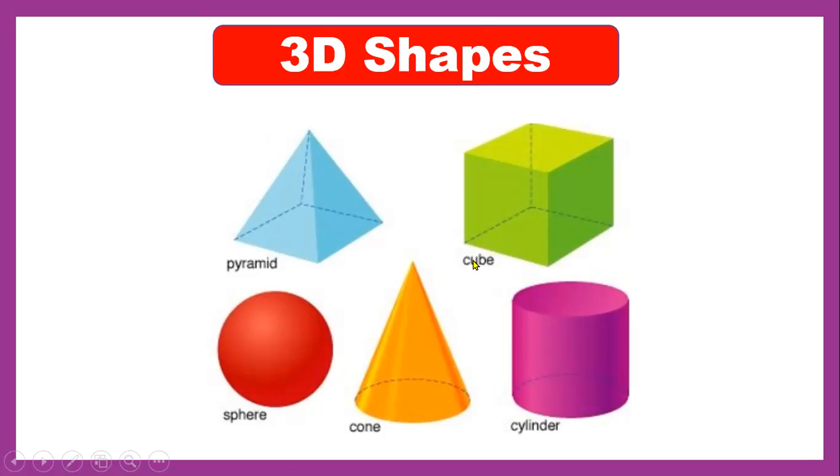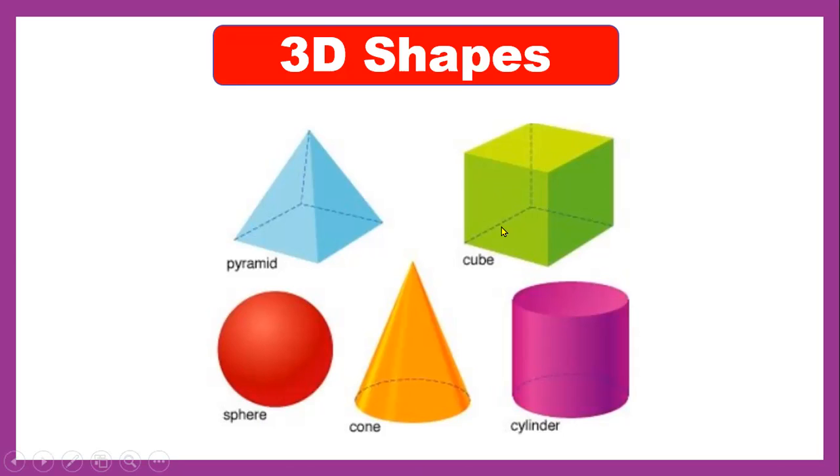This is the cube. How many faces? Let's count. 1, 2, 3, 4, 5, and 6. 6 faces. And how do you know? Because 1 on the top, 1 at the bottom, 1 on the left, 1 on the right, 1 in the back, and 1 in the front.